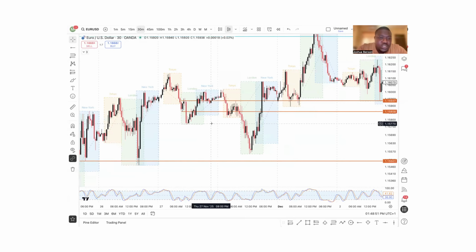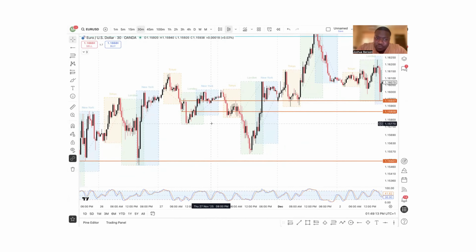Now I'm waiting for a direction before I'm able to do anything. When I see this candle has formed, I wait for the next candle above it to close. If that candle closes bullish, or bearish, then I can go in.